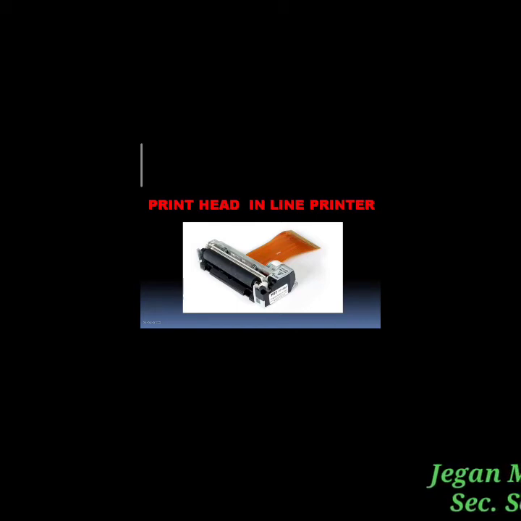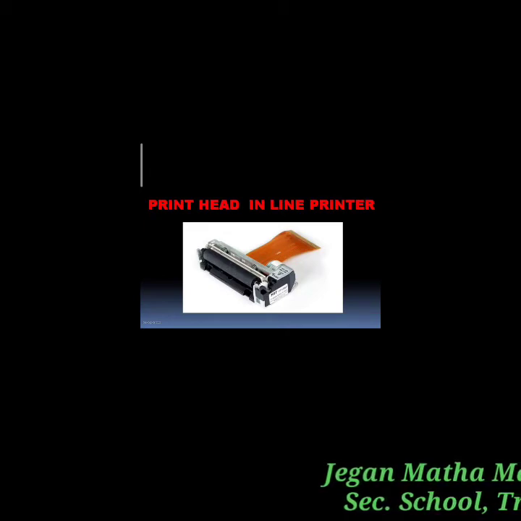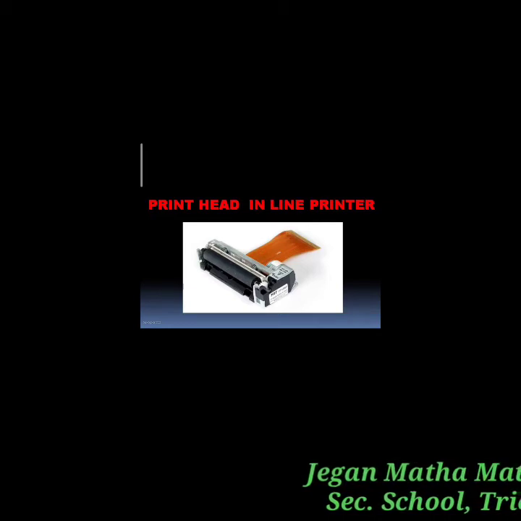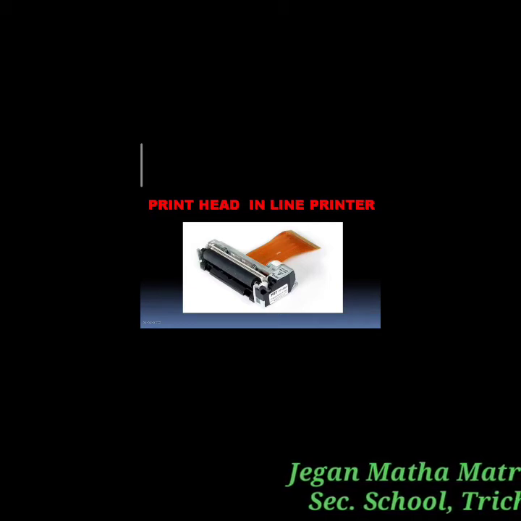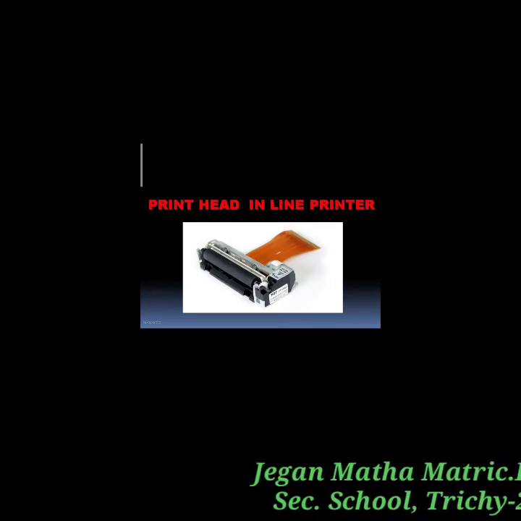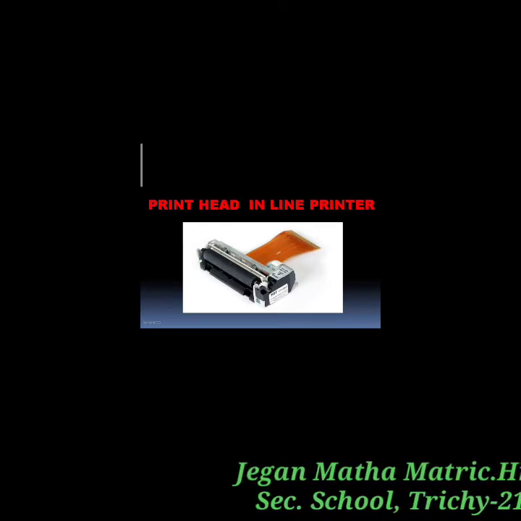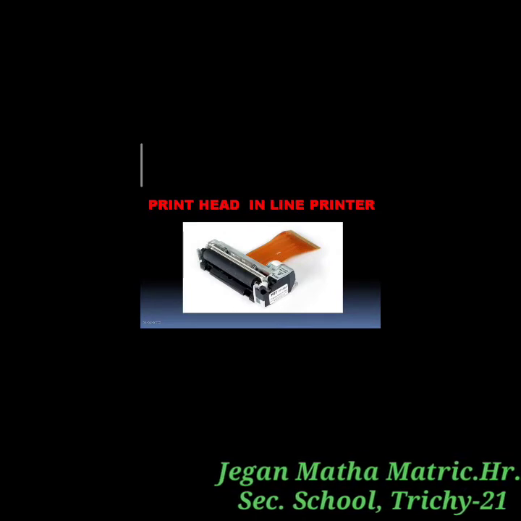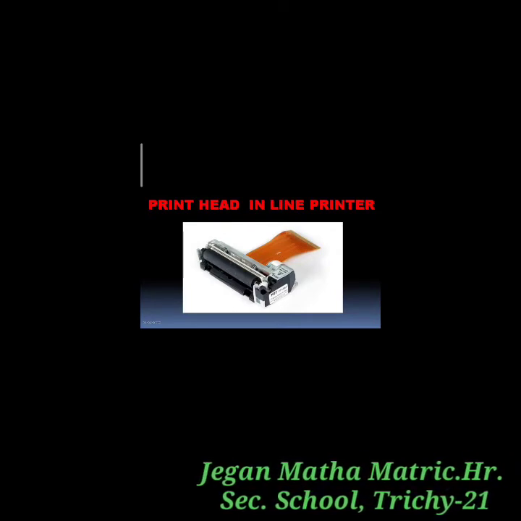It uses a fixed print head for printing. Basically it prints page-wide lines of dots, but it builds up a line of text by printing lines of dots. Line printers are capable of printing much more than 1000 lines per minute, resulting in thousands of pages per hour.